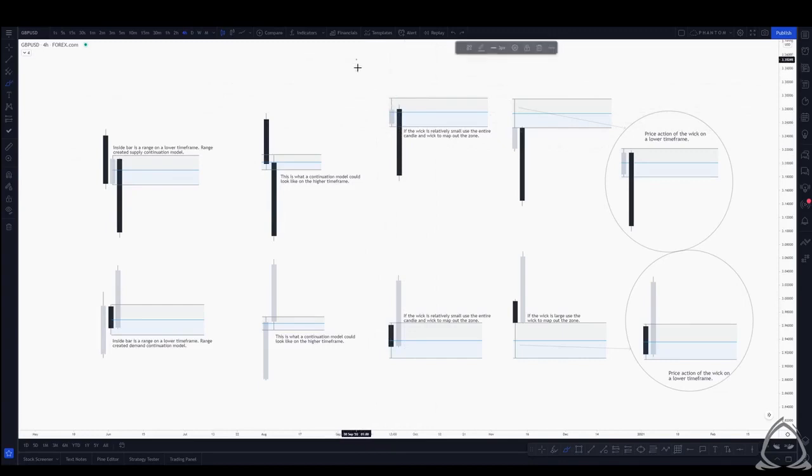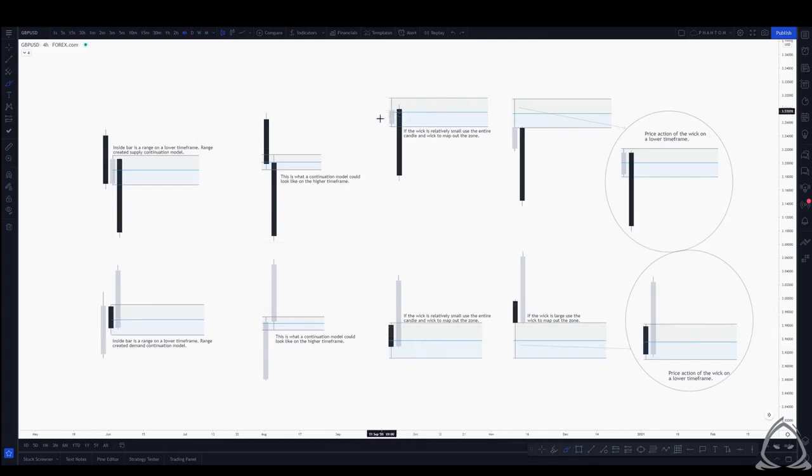And again, if we're looking at a continuation styled setup, this would be a pivot supply continuation, or this could even be a range created supply zone continuation, or again, it could be a pivot created reversal supply zone, or a pivot range bound created supply zone. So they work regardless of the zone being created, but what specifically is important is how we actually are drawing the zones.